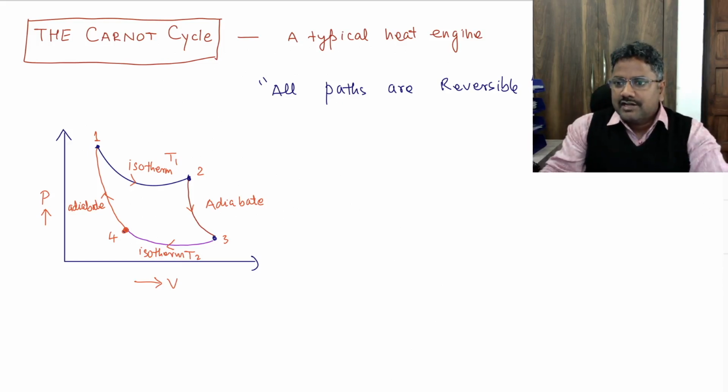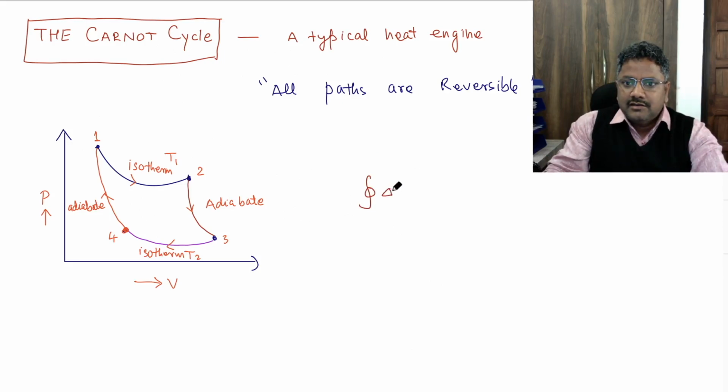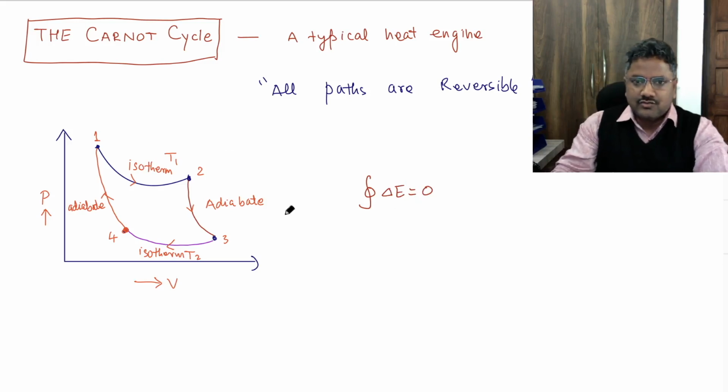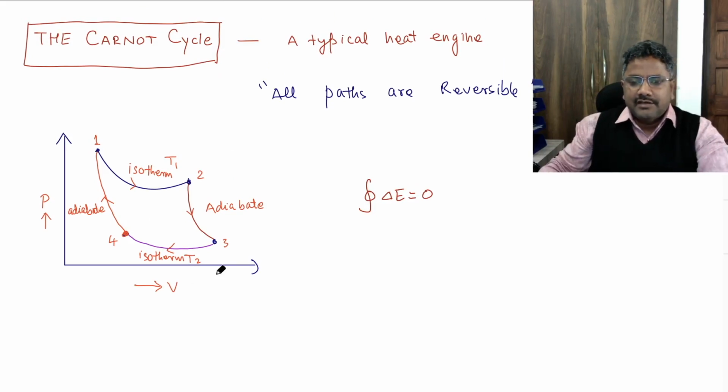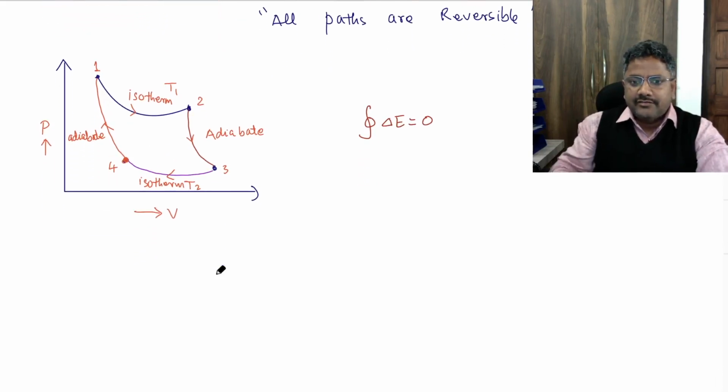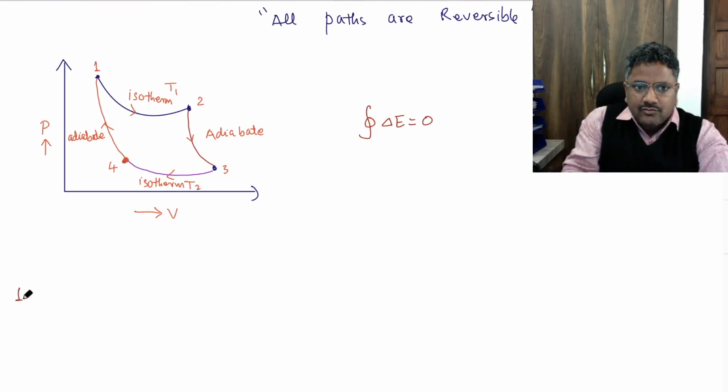So one thing is clear here, that delta E is equal to 0 for this entire cycle. This is always true. So I am taking this one step at a time and writing all the variables which are required. For step 1 to 2, delta E is equal to 0 for this individual step.